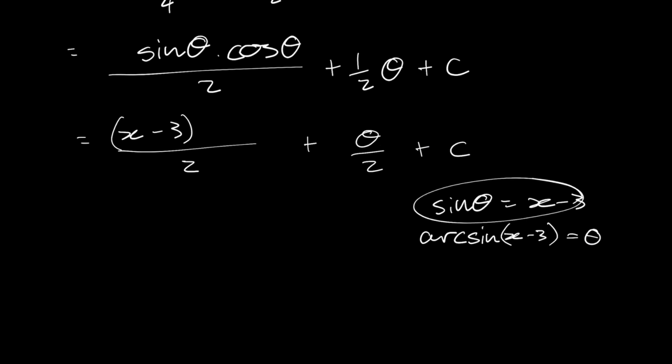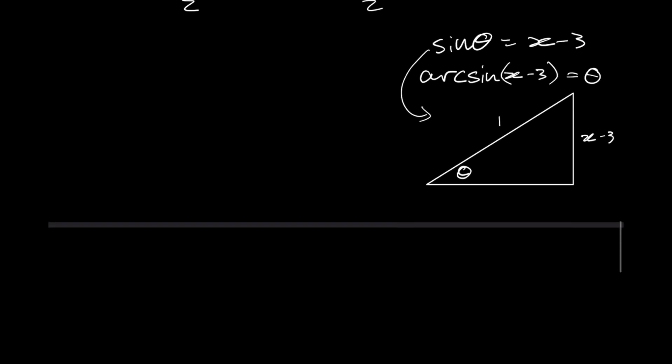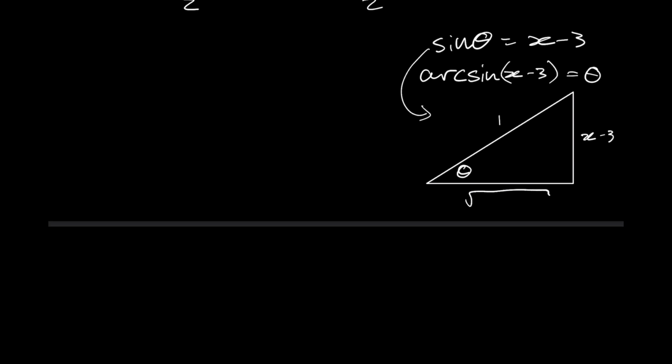Now, using sine of theta equal to x minus 3, we can draw a triangle. And we can let this angle here be theta. Now, if sine of theta is equal to x minus 3, that means that our opposite side, the side that is opposite our angle, is going to be x minus 3, and our hypotenuse is going to be 1. So that means that our adjacent side must be the square root of 1 squared, which is just 1, minus x minus 3 squared.